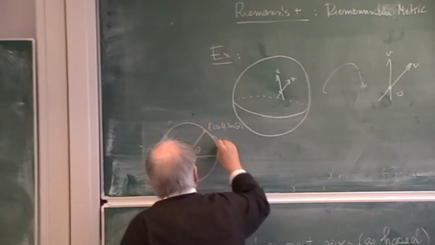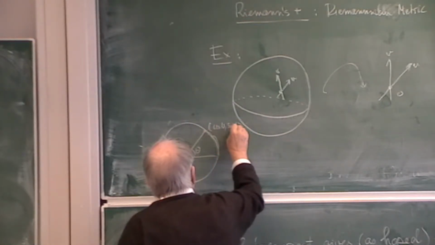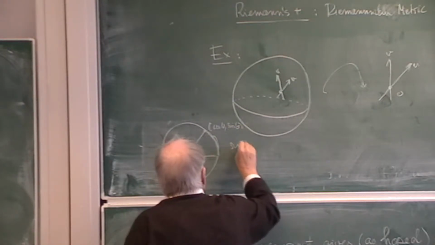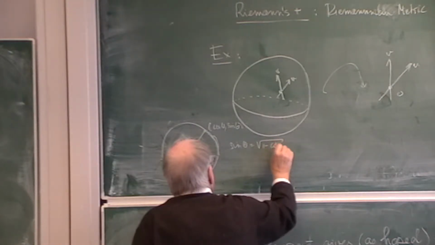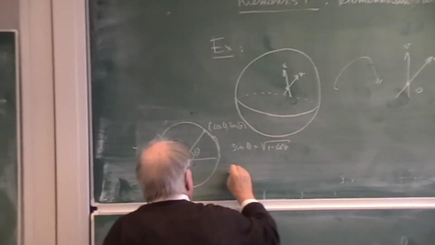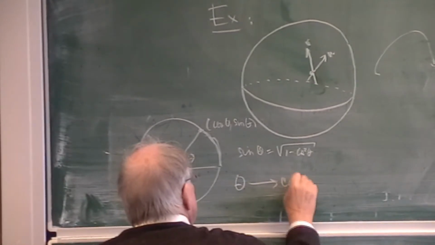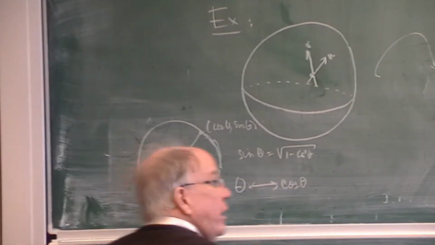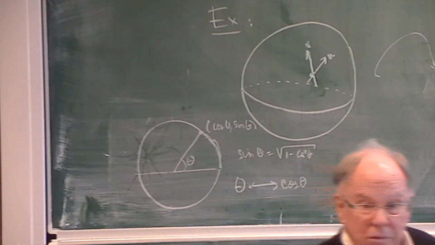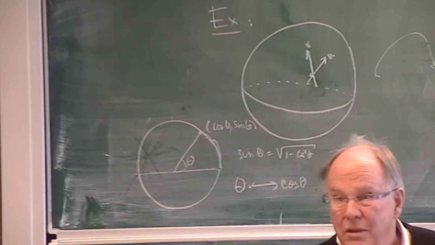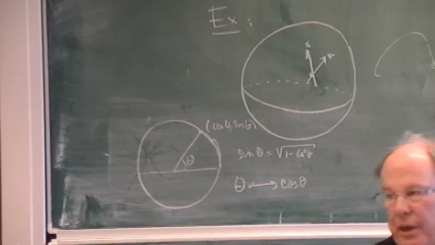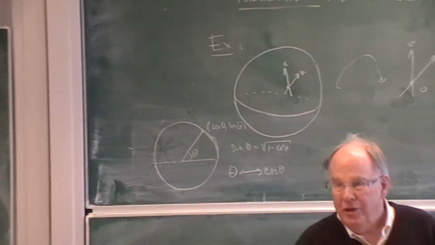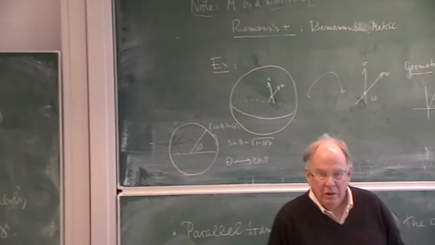If we know theta, we know cosine theta and sine theta, because sine theta is the square root of 1 minus cosine theta squared. So to know theta is to know cosine theta. It's in some sense the same thing. So angles and length are 1000%, if there's such a thing, determined by the scalar product. All.